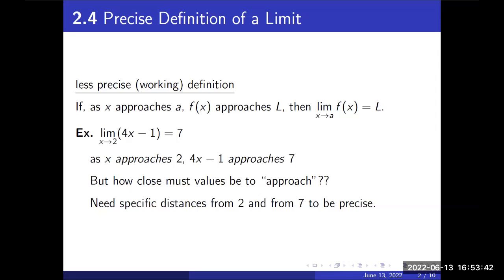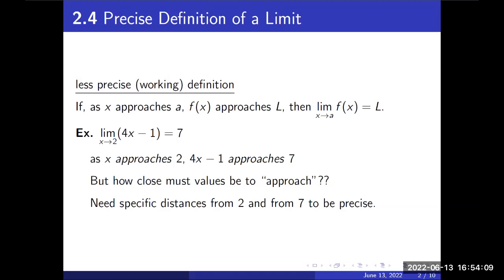Okay, sure, definitely. But how close must values be to approach? The word approach is not a very mathematical word. It's not well defined. You could argue you can never really approach because you have to get infinitely close to approach something.